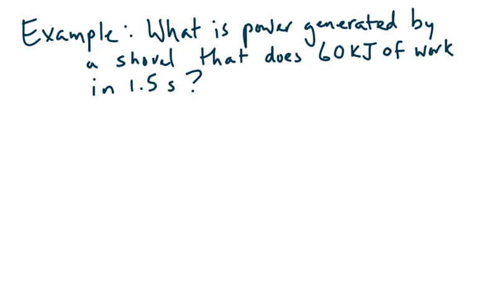So here we're looking at the power generated by a shovel that does 60 kilojoules of work in 1.5 seconds. The key here is identifying the kilojoules. That's the one small trick in this question, because the formula itself deals with joules, not kilojoules. So we are going to have to convert kilojoules to joules.